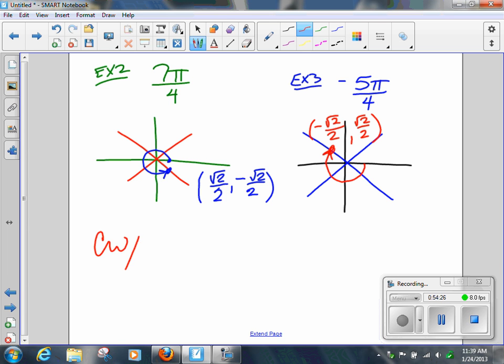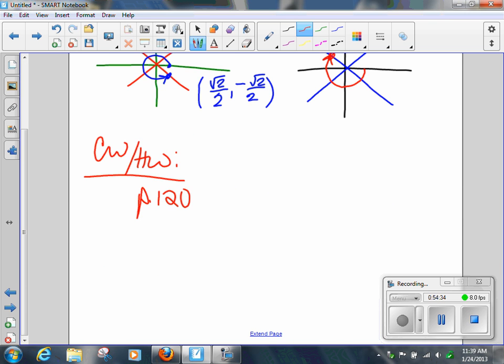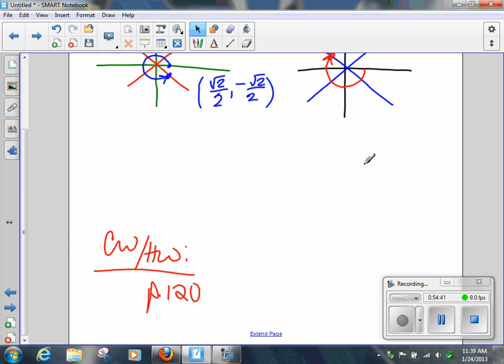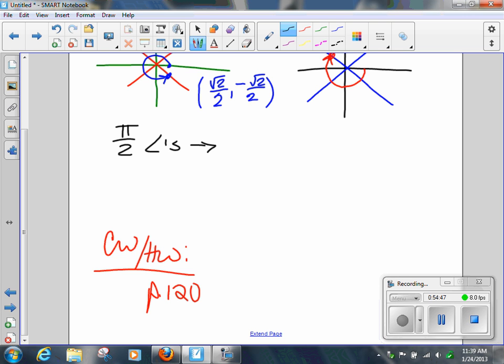Here's what you're going to do. Folks, page 120. Guess what? We're on 120 again. You're going to do the following problems in just a minute. I just want you to remember that your pi over 2 angles are in terms of what degree increments.